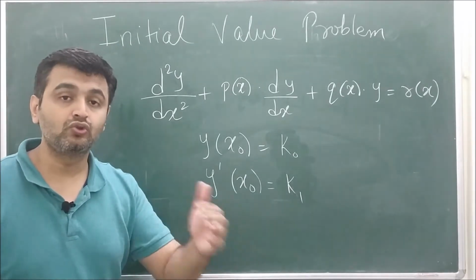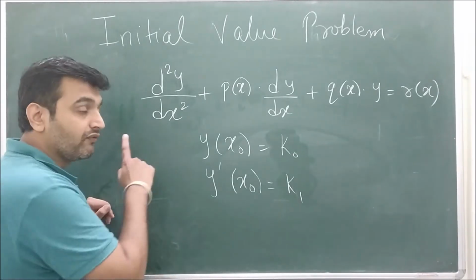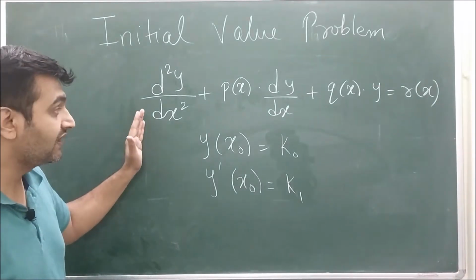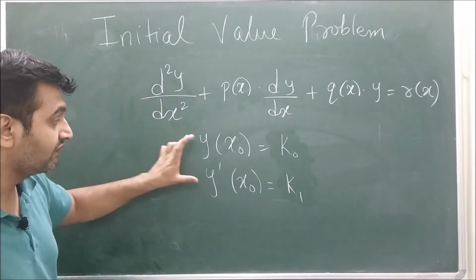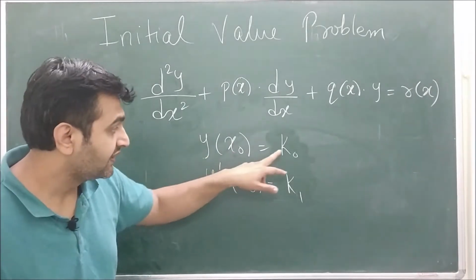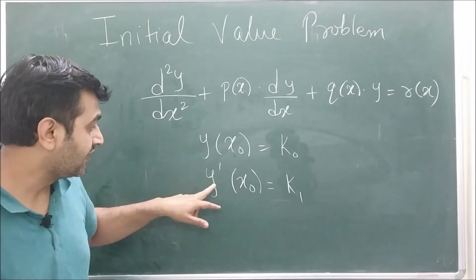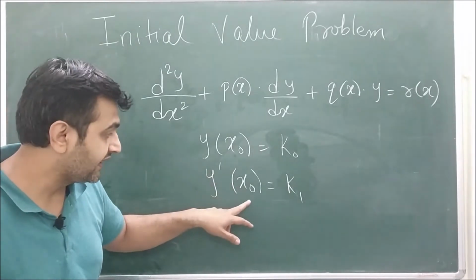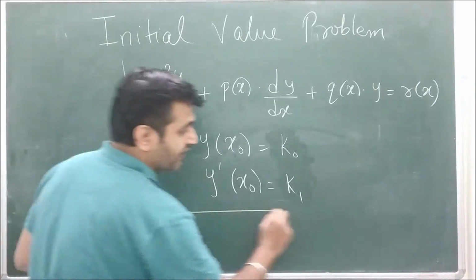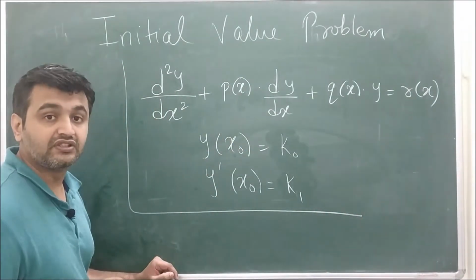So therefore, for a second order linear differential equation, the IVP will look like this: a differential equation along with two initial conditions. y at some point x naught takes the value k naught, and y prime, meaning the derivative of y at x naught, takes the value k1.